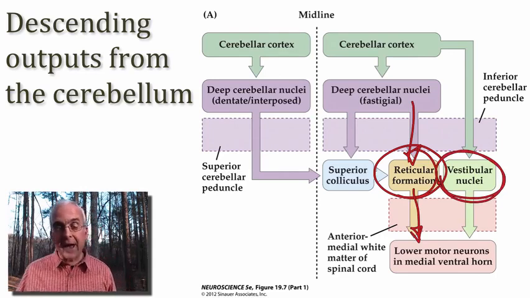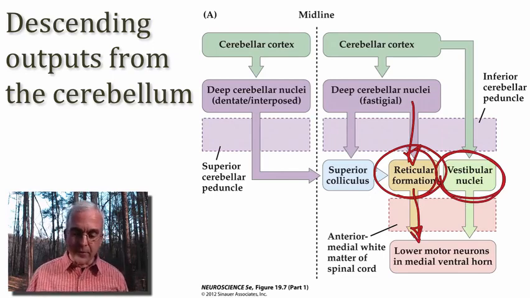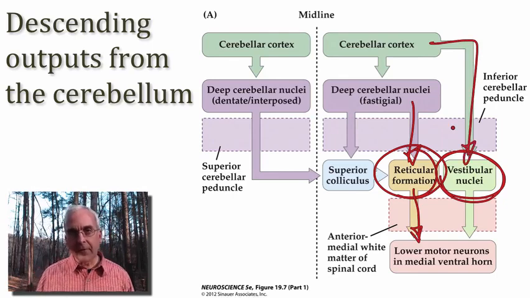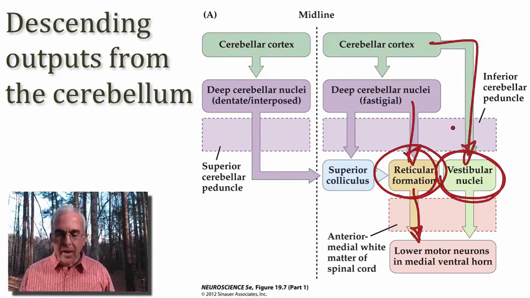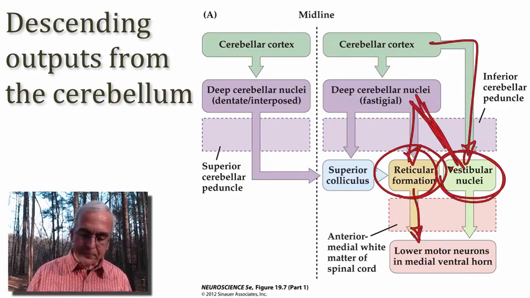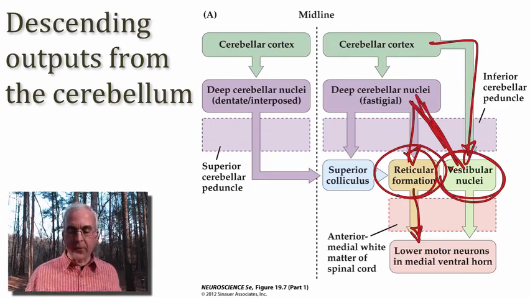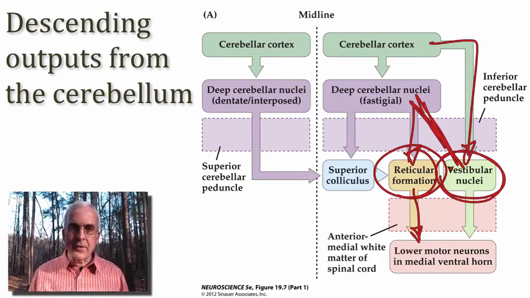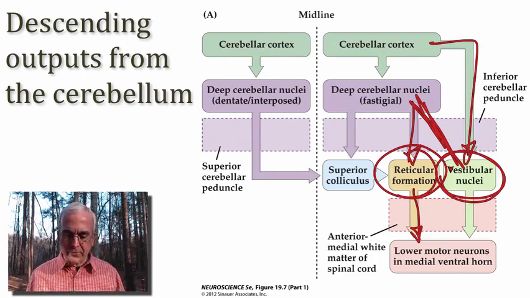Now, I mentioned in our introduction that the vestibular nuclei are sometimes considered deep cerebellar nuclei that are displaced out of the cerebellum and into the brainstem, and here's why. The vestibular nuclei receive input directly from Purkinje cells of the vestibulocerebellum. And these nuclei then are in a position that's somewhat similar to these deep nuclei, although in this figure we chose to put them outside of the cerebellum as they actually fall anatomically, right alongside the reticular formation neurons.